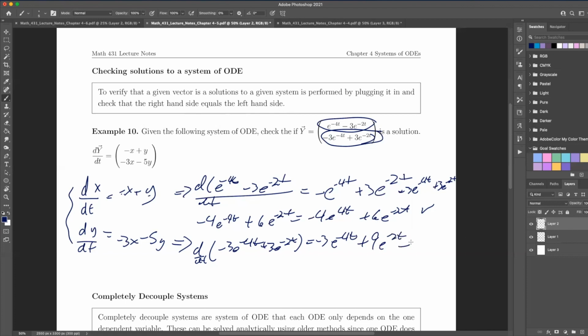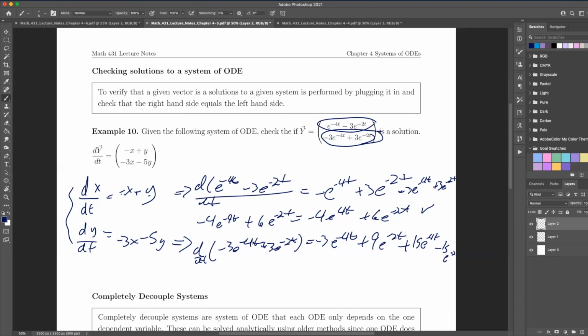And then here we have minus 5y, so that would be minus 15. No, minus, and so 5, minus becomes plus 15. Sorry, just to make sure I get everything in the right order. Minus 4t, and this becomes minus 15e to the minus 2t.